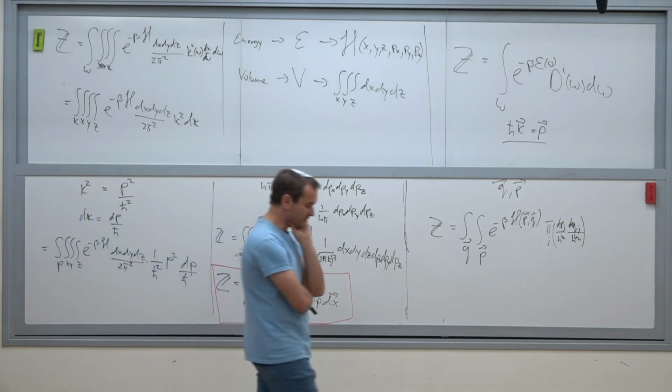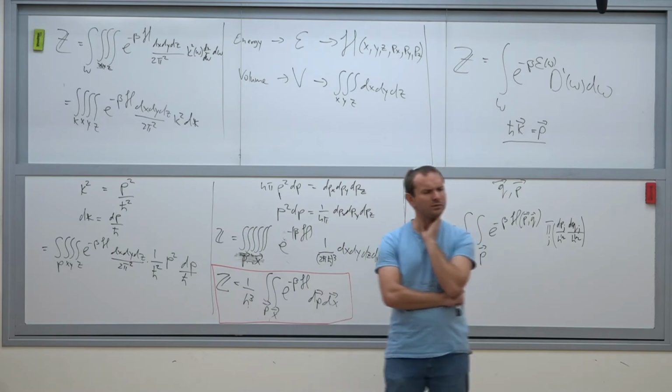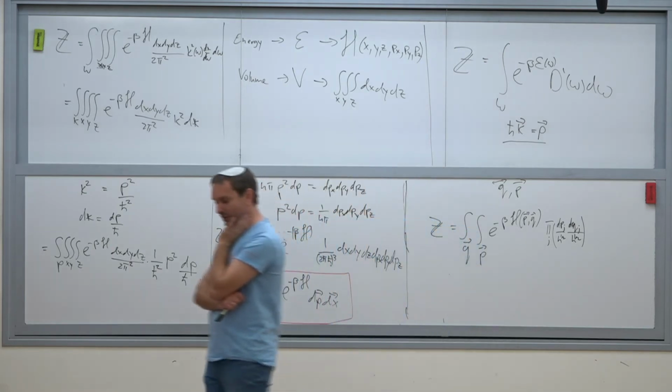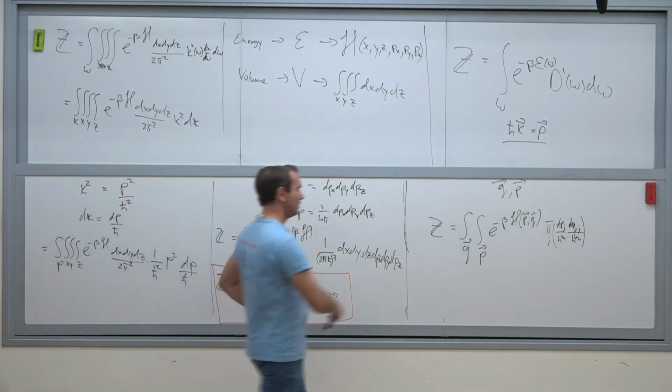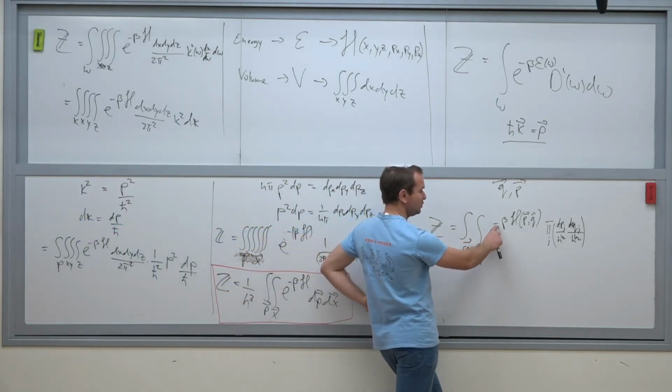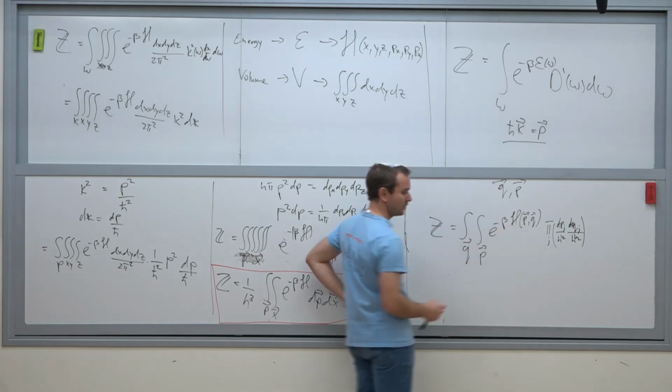So the partition function goes over all different states that are associated with the system. So for each state, we take this factor, which is e to the minus beta, the Hamiltonian.